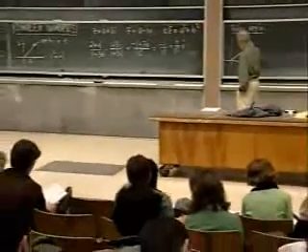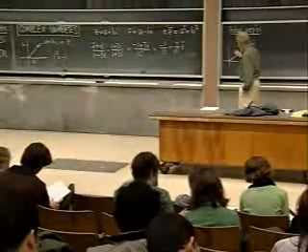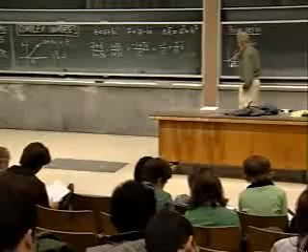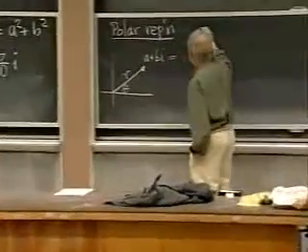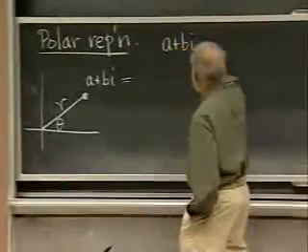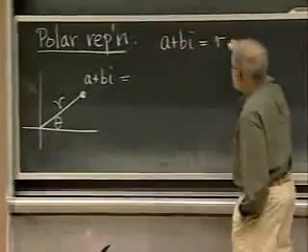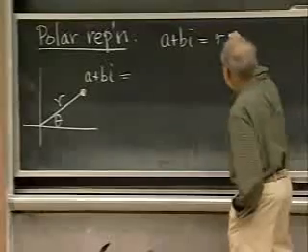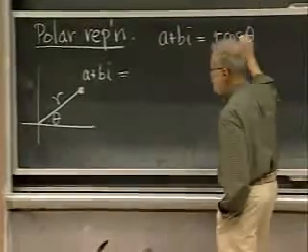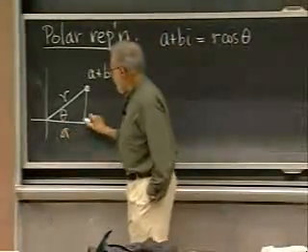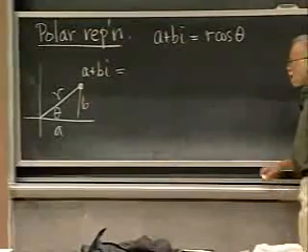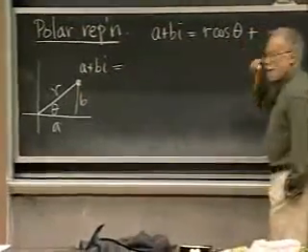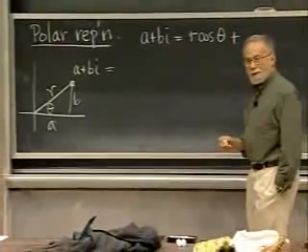If here's a plus bi, then this is r, and that's theta, and therefore this can be written in polar form as r cosine theta, that's the a part, plus the imaginary part, r sine theta times i.